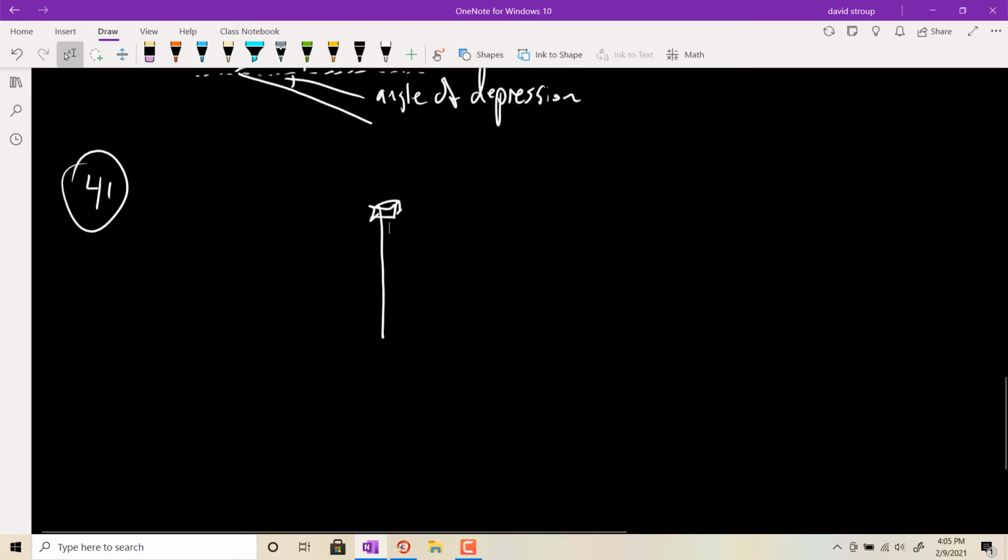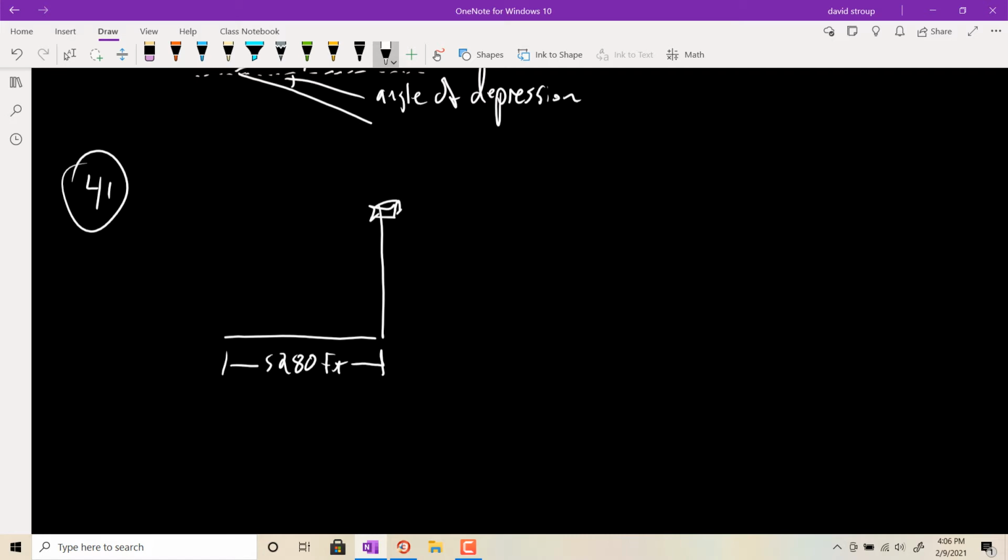But anyways, they said it's 5,280 feet, which is 1 mile, 280 feet. From the base of the pole, the angle of elevation is 21.3 degrees.